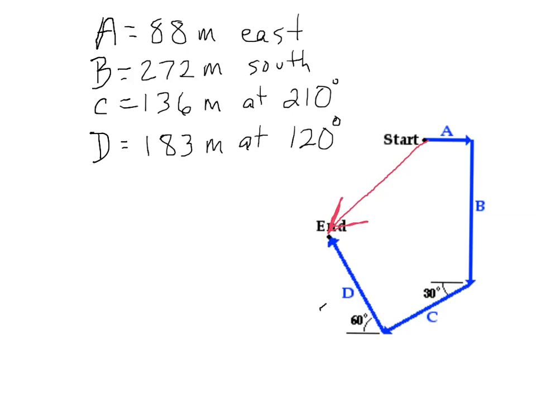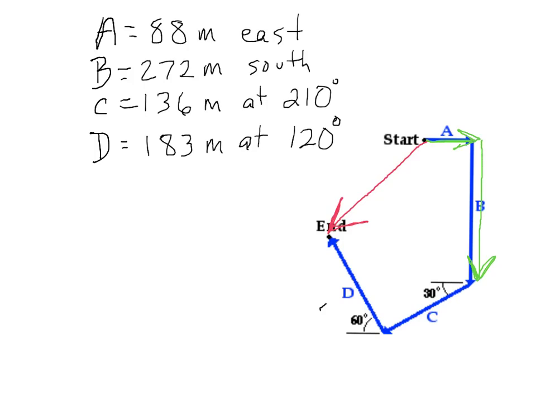So I'm going to demonstrate here on this diagram the idea of using components, and this is something that probably a lot of you would maybe intuitively do. So if we retrace the steps here from start to finish, and I'm going to use green, we walk along vector A, and then we could walk along vector B. Now those are fine just as they are because they're already east and south.